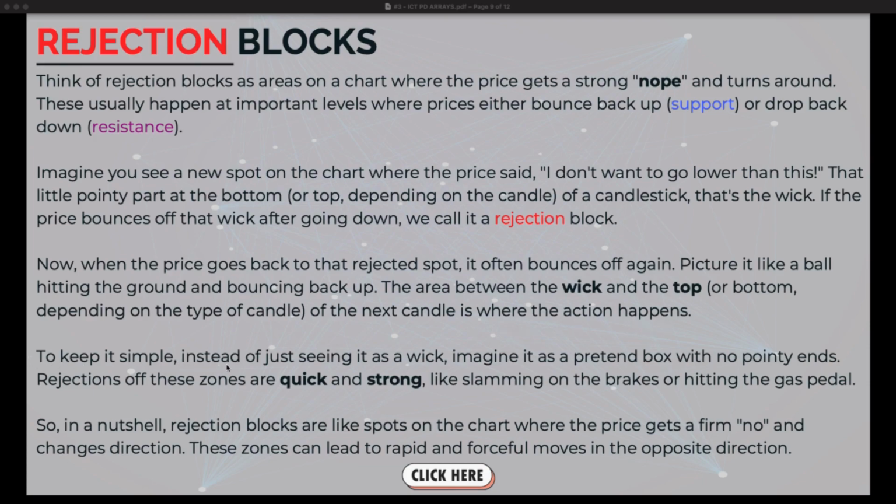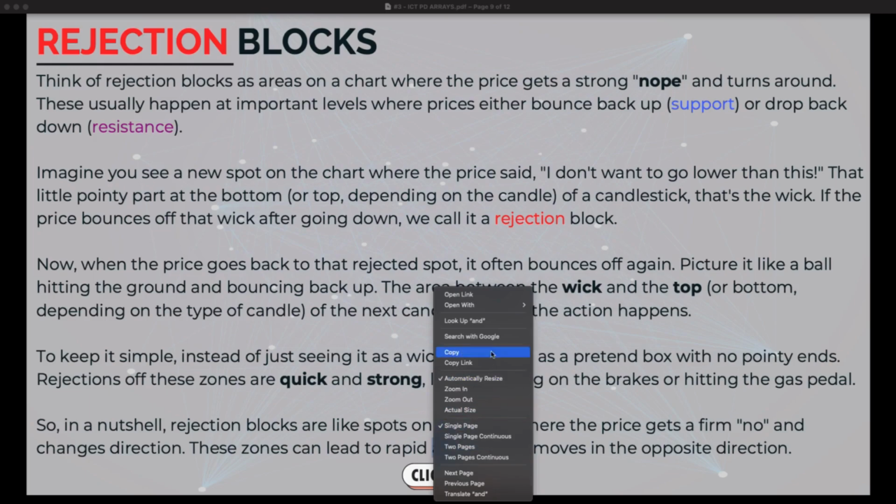To keep it simple, instead of just seeing it as a wick, imagine it as a pretend box with no pointy ends. Rejections of these zones are quick and strong, like slamming on the brakes or hitting the gas pedal. So, in a nutshell, rejection blocks are like spots on the chart where the price gets a firm no and changes direction. These zones can lead to rapid and forceful moves in the opposite direction.